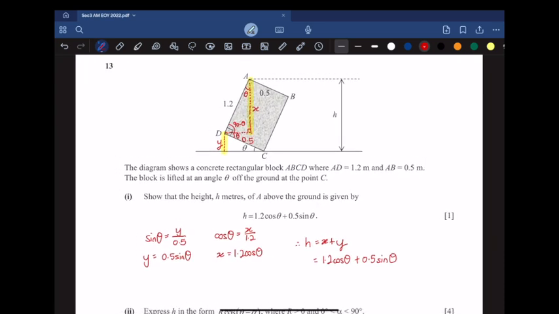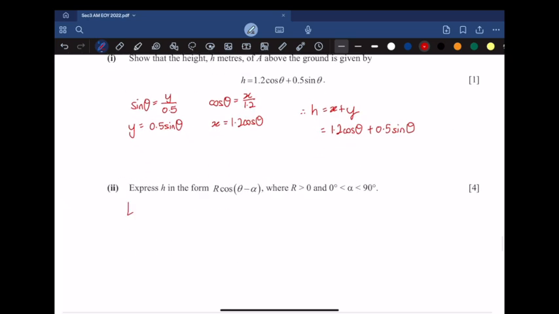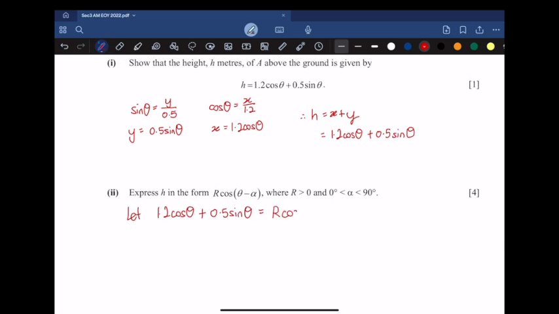Question 13 part 2. Express h in this form over here. So what I'll do is simply let 1.2 cosine theta plus 0.5 sine theta be equal to r cosine theta minus alpha.